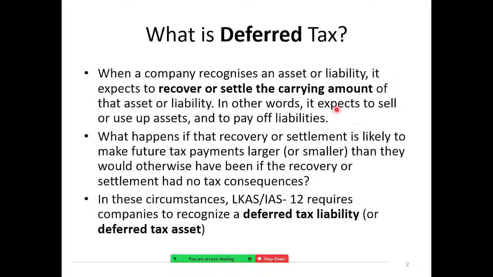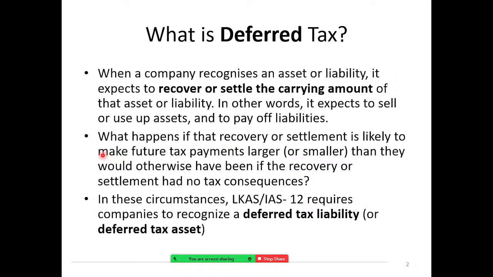If the asset value is 10,000, you can get the benefit of 10,000 while using it for production or admin purposes. Otherwise, you can recover the investment of 10,000 in the asset by selling it. That's a way of recovering the asset.